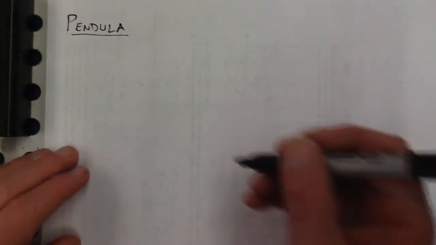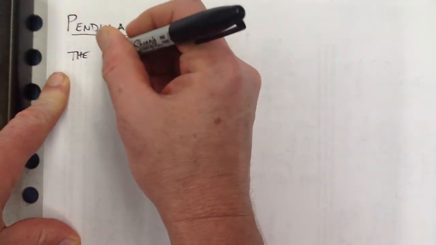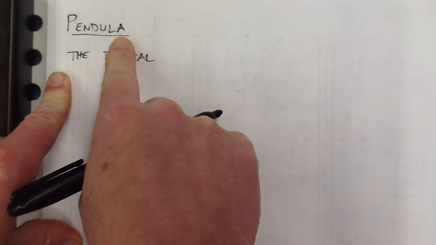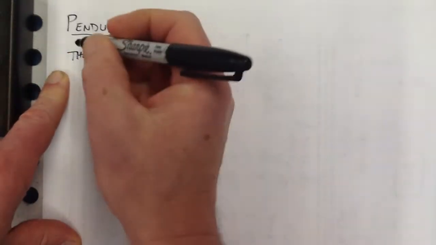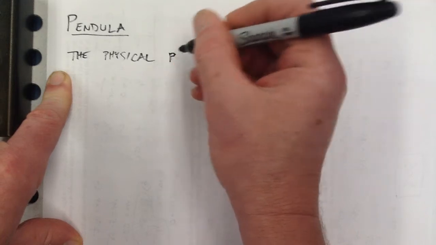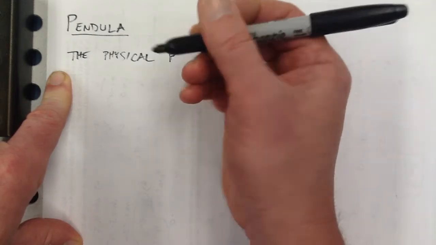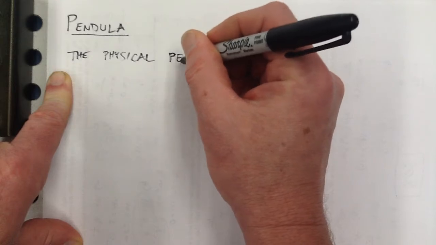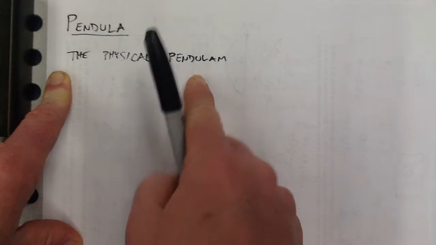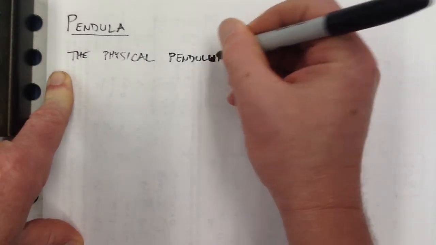Okay, so now we're going to start with what is called a physical pendulum. Probably when you hear the word pendulum, not when you hear the word pendula, because nobody actually says that, you probably think of a mass on a string, right? And a physical pendulum is like... Oh my goodness, can't talk and write at the same time.